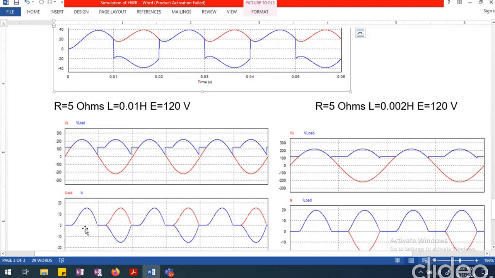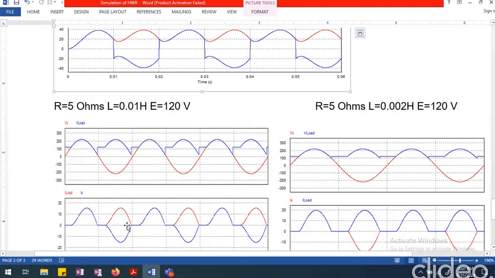And the current is not continuous here. You can see that there is a distinct period where the current is zero. So zero current period is there. Here also there is a zero current period. And then you are looking at the entire current waveform looking somewhat like the inductance current we had seen, increasing, reaching a peak and coming down.